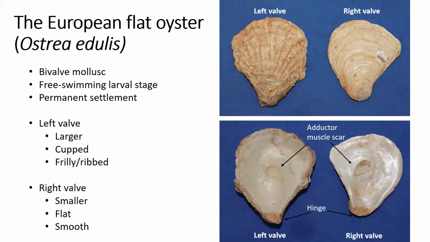So if you go to a shopping centre or restaurant and you get oysters today, it's unlikely that you're going to be dealing with the European flat oyster, but that is the one that has been the dominant oyster throughout British history.